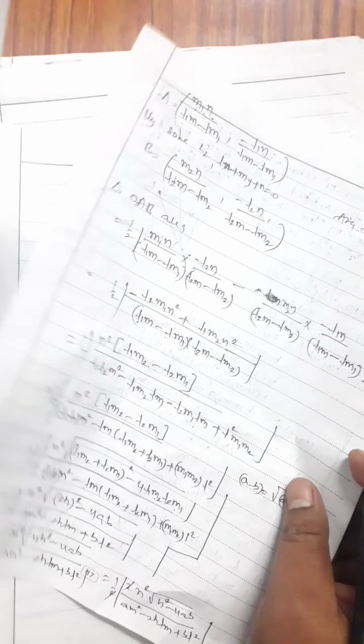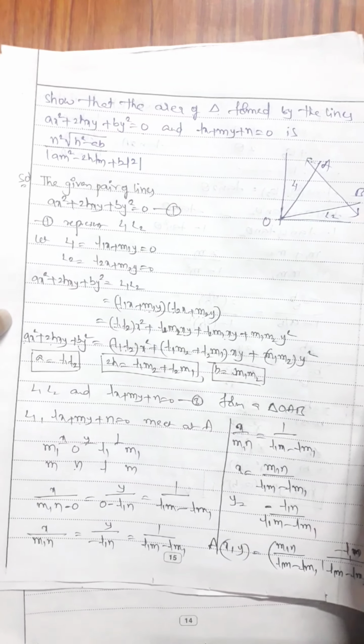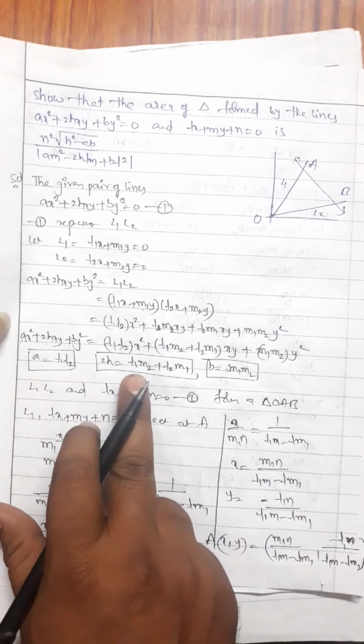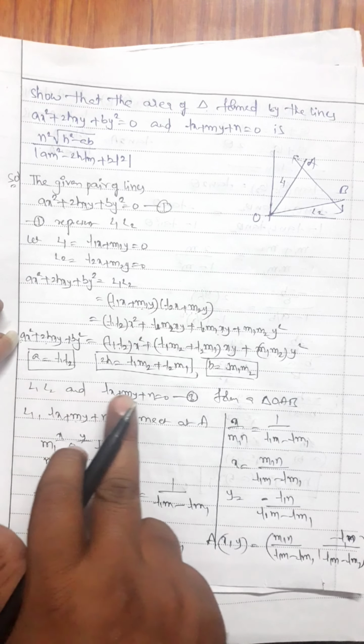So observe, this is the first part. In this we got the a value, 2h value and b value, and we solved L1, L2 and the third line.